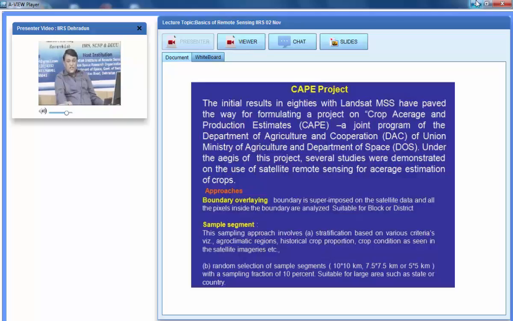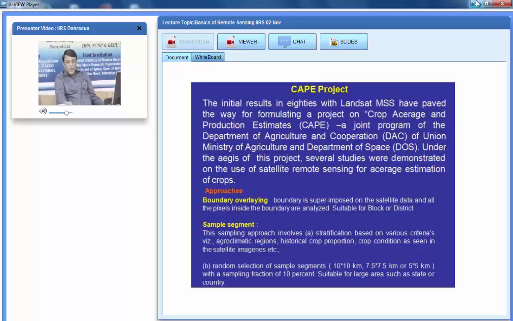Second, the sample segments that you choose should be only 10%. A random selection of sample segments may be 10 by 10 kilometer, 7.5 by 7.5 and 5 by 5. So if a particular state or region where you want to estimate acreage is more heterogeneous, it is always advisable to go for a smaller segment size.